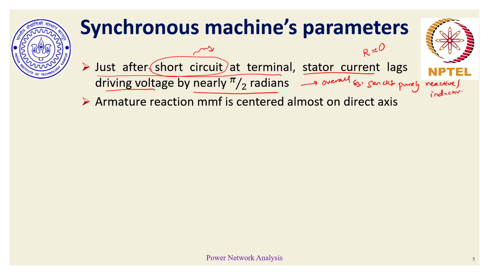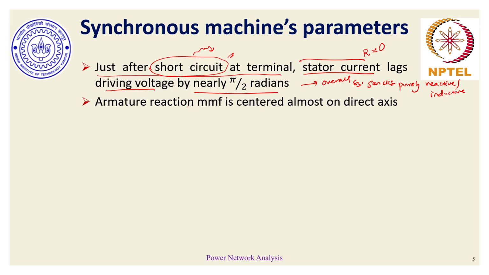And for a pure inductor, the current tends to lag the corresponding applied voltage by 90 degrees. So it is not just during the fault, but in usual operation during steady state also, the stator current of the synchronous generator tends to lag the corresponding applied or terminal voltage by 90 degrees.